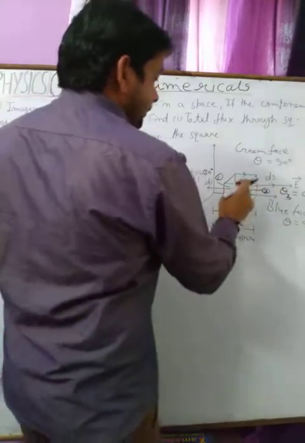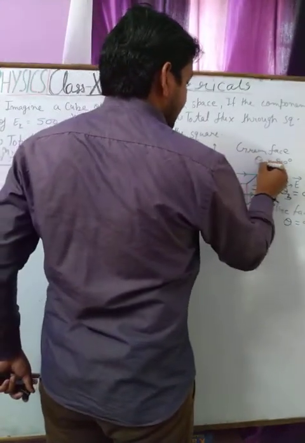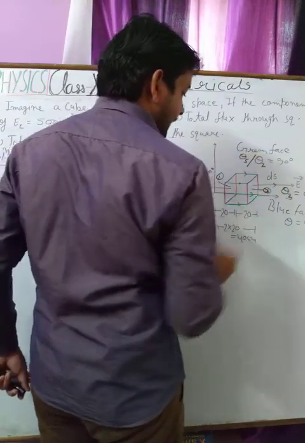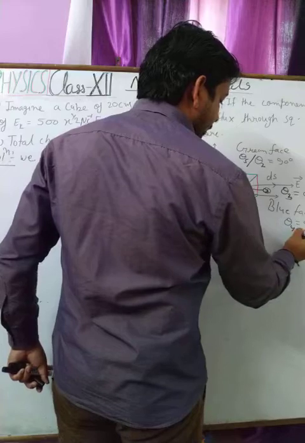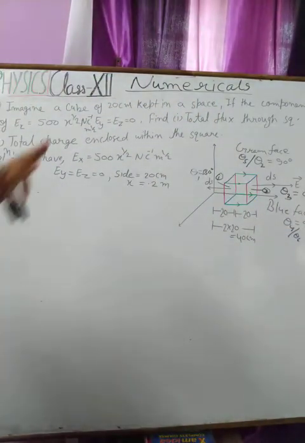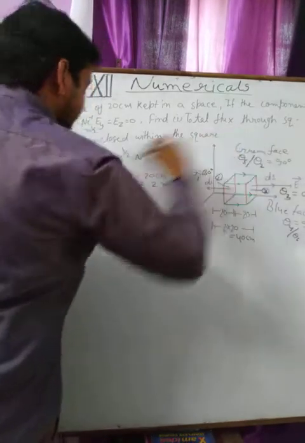Okay, now theta 2 and theta 5 are 90 degrees, and theta 4 and theta 6 are again 90 degrees. Now we apply Gauss's theorem on this cube.